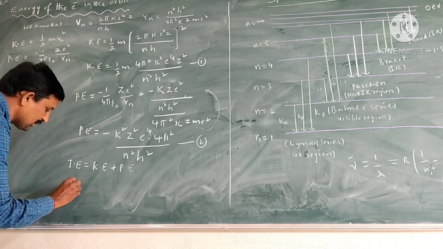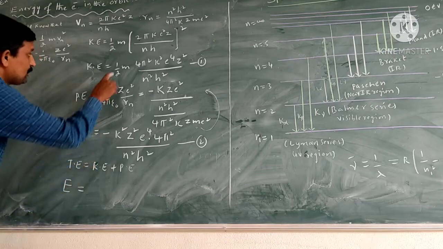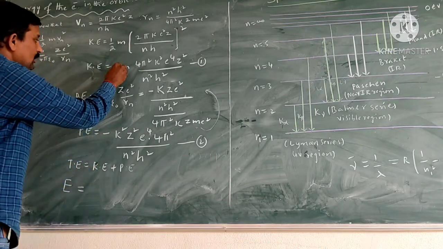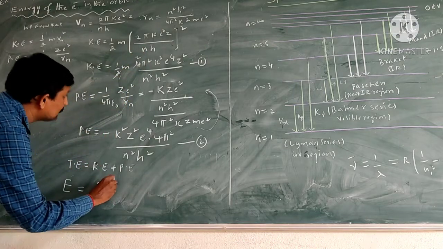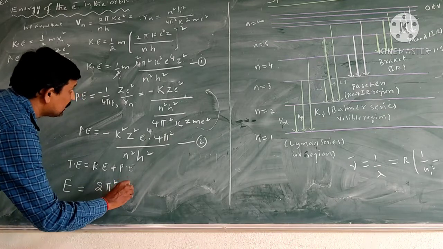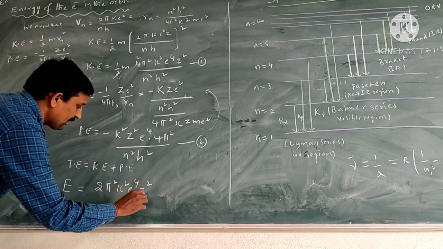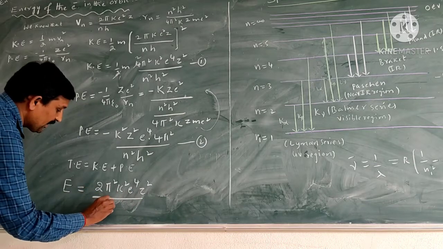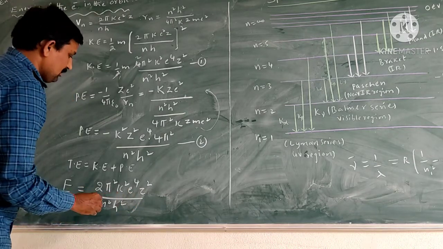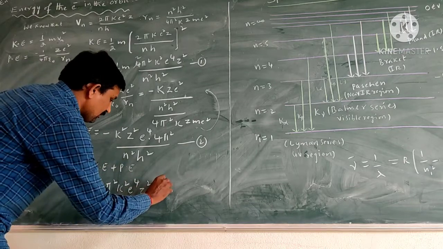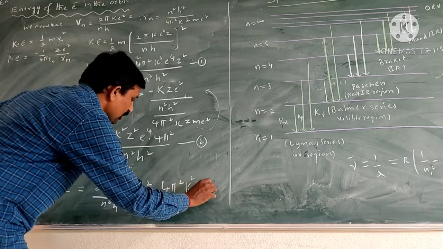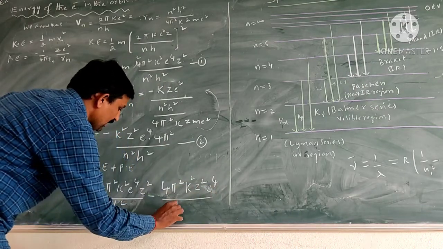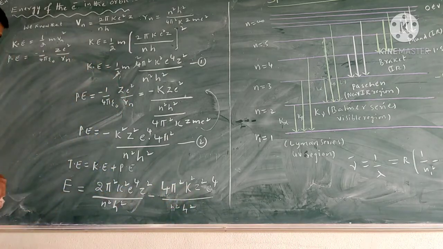So the total energy E is equal to the kinetic energy, 2 pi square k square e power 4 z square divided by n square h square, plus the potential energy, minus 4 pi square k square z square e power 4 by n square h square.